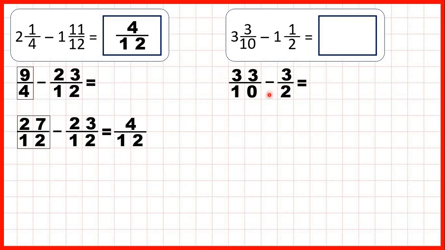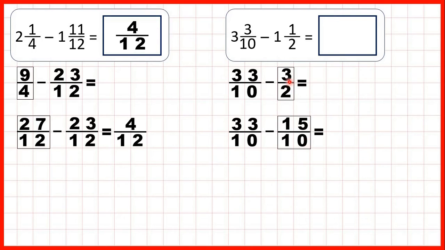But to subtract fractions, we need the denominators to be the same. Now 10 is in the 2 times table, so we can find a fraction equivalent to 3/2, which has a denominator of 10. So let's rewrite our question. The 33/10 stays the same, but instead of 3/2, we can subtract 15/10.